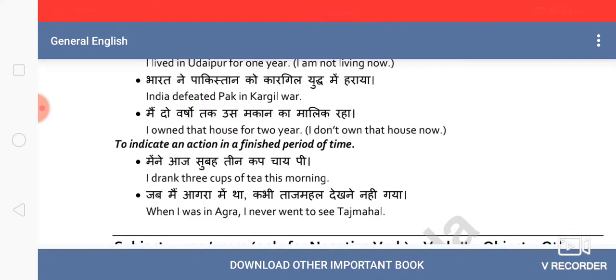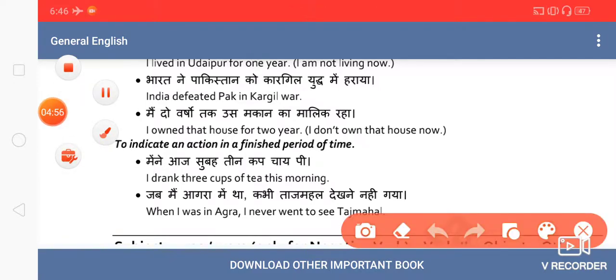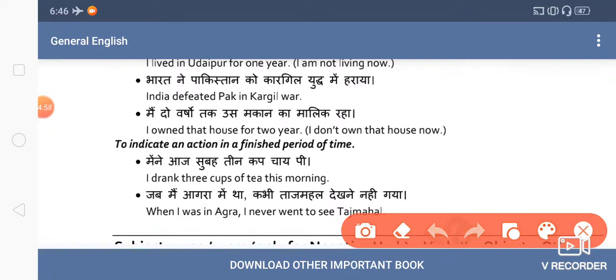Another use is to indicate an action in a finished period of time. You indicate some action that took place and is finished within a period of time. Like, I drank 3 cups of tea this morning. So that is finished.